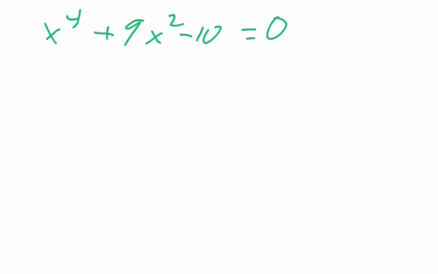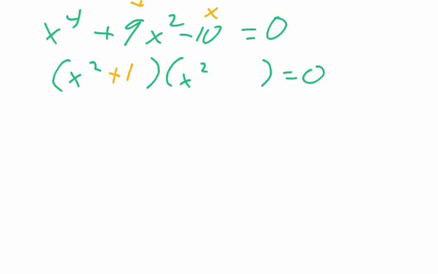Alright, we're looking for all four answers of x to the fourth plus 9x squared minus 10 equals 0. So what I'm going to do is factor this down, but instead of using x, I'm going to use x squared. What two numbers multiply to be negative 10 and add up to be positive 9? That would be positive 10 and negative 1. So I got x squared plus 10 equals 0 and x squared minus 1 equals 0.